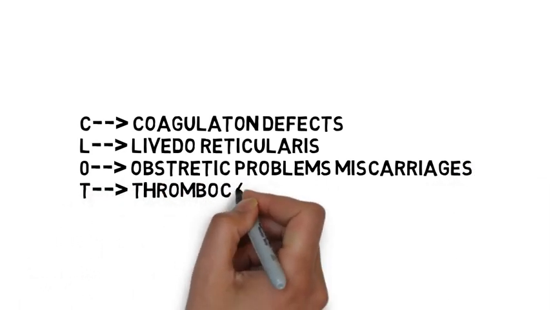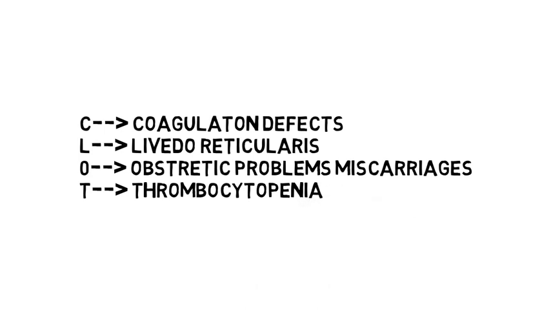Another condition which often coexists with lupus is antiphospholipid syndrome. It can exist on its own without lupus too. And antiphospholipid syndrome is seen in patients that recurrently miscarry and have thrombosis, and this can be arterial or venous thrombosis, coupled with antiphospholipid antibodies.